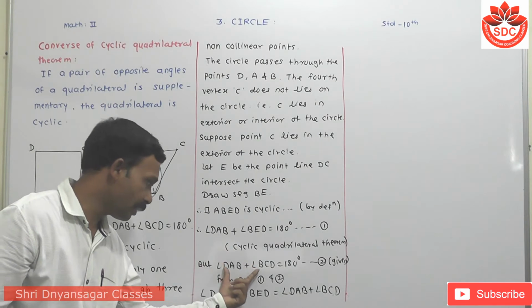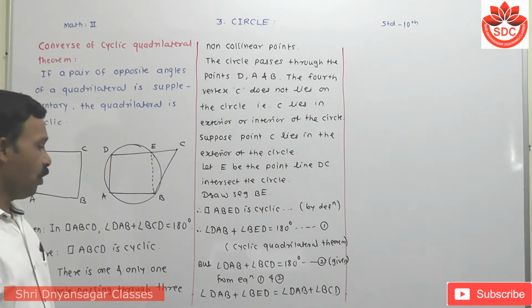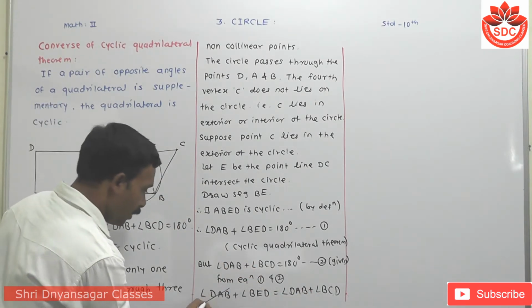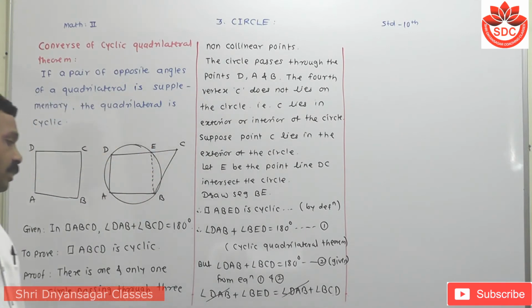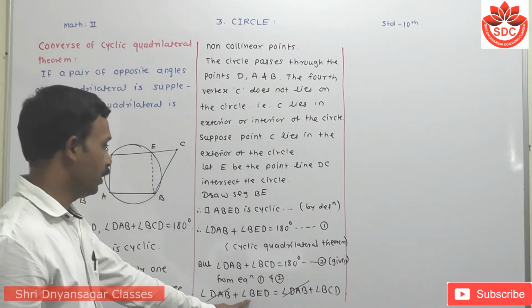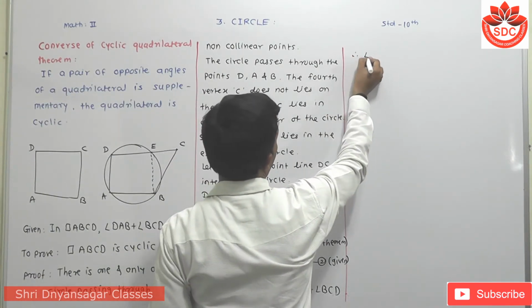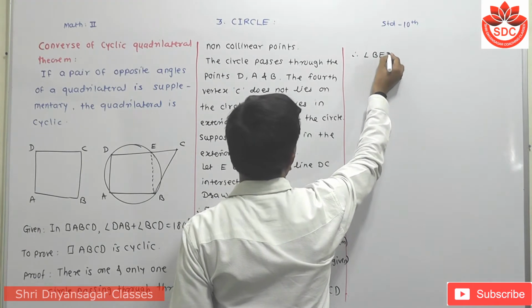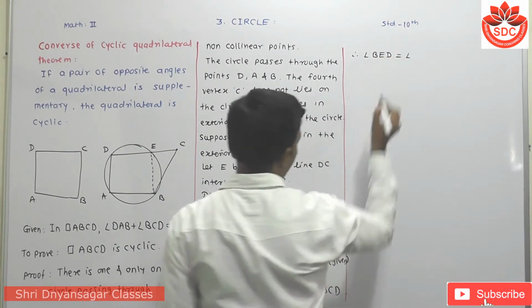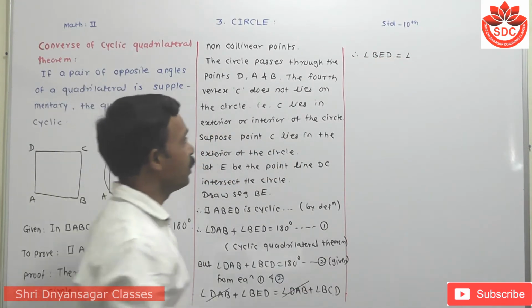I have to write first one and then second one. When you observe here, this angle DAB and DAB get cancelled. Then what is remaining here? Angle BED is equal to angle BCD. Therefore, angle BED is equal to angle BCD.